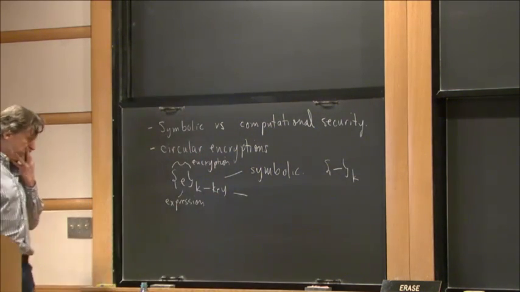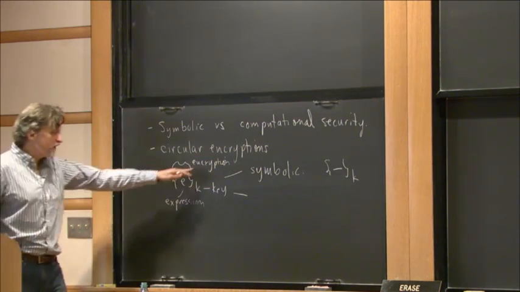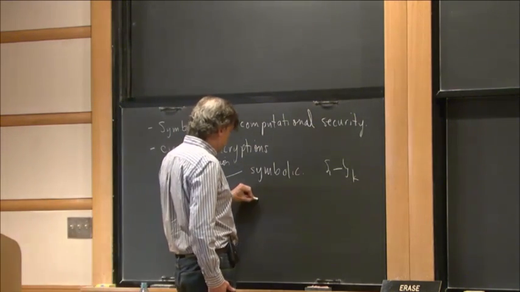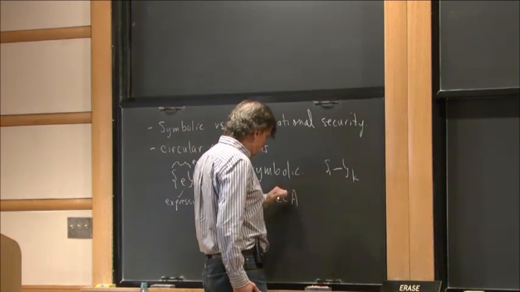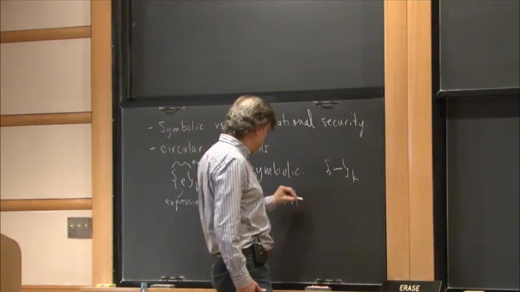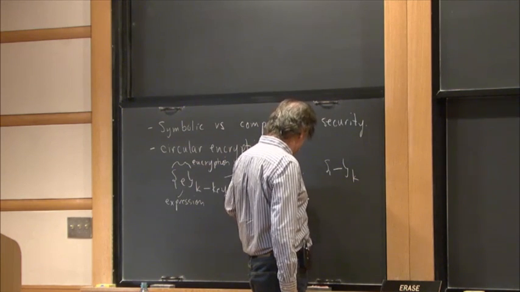Okay, and so in the computational setting, when we think about encryption, we think of having some kind of secure encryption function, for example chosen plaintext attack secure encryption of an expression under a key, or of some data under the key.